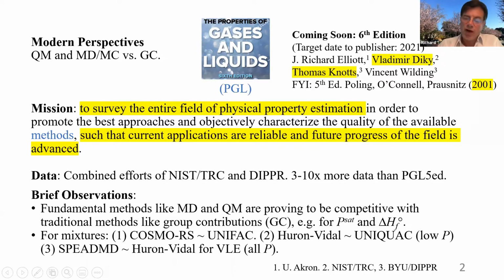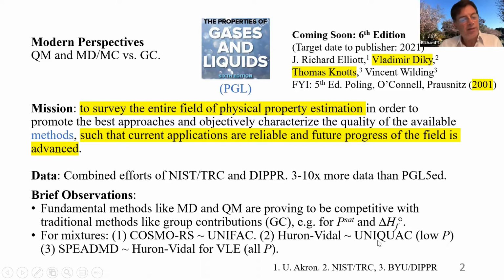And this Huron-Vidal mixing rule, that's density dependent, basically applied to the equation of state instead of just the activity coefficient, is pretty competitive now with UNIQUAC. What that means is you don't need to have activity models with a separate model for an equation of state.